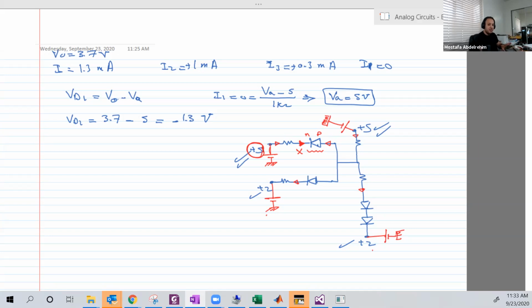You can, from the first glance, when we just start to solve the problem, have such a guess that the higher battery like this one, 5, cannot charge other batteries because there is a diode here with such polarity. So the current cannot go out of the positive terminal. So it may be good to assume that this guy, which is D1, is off.